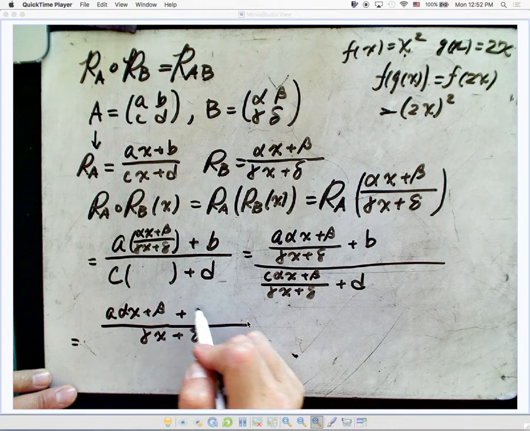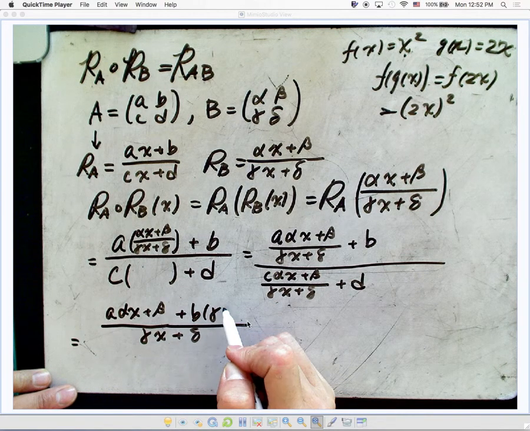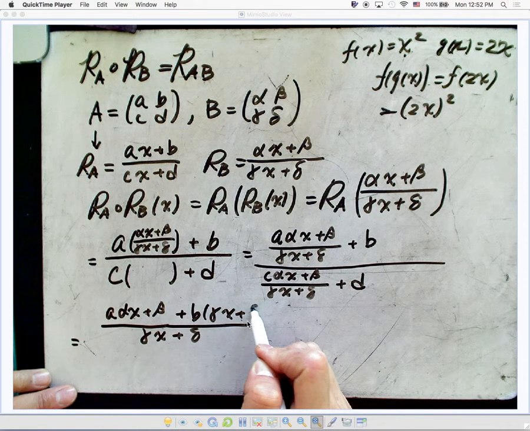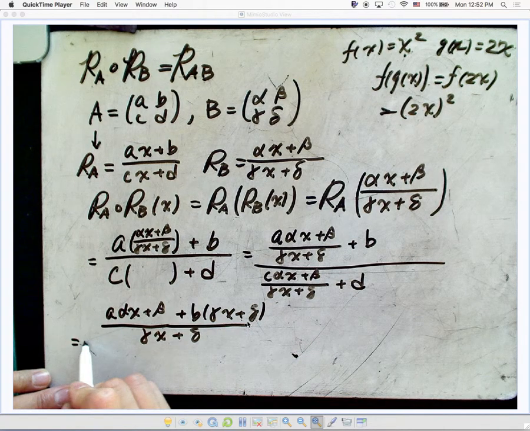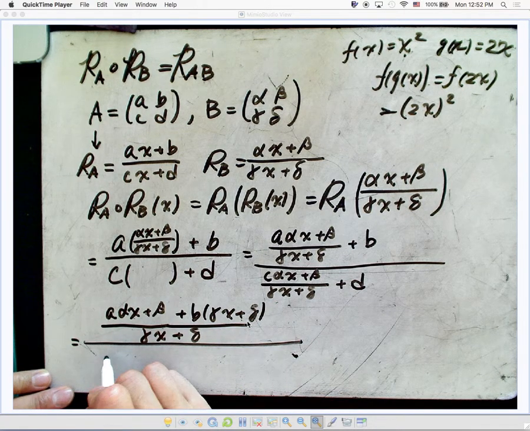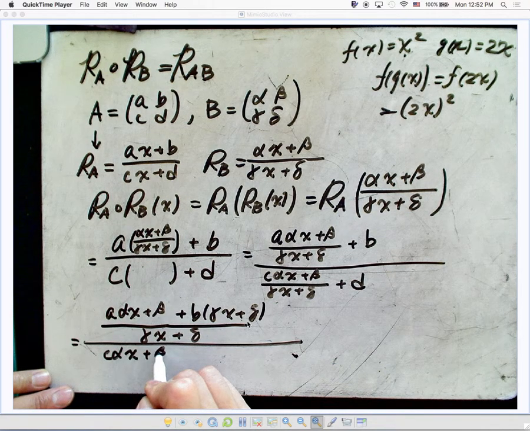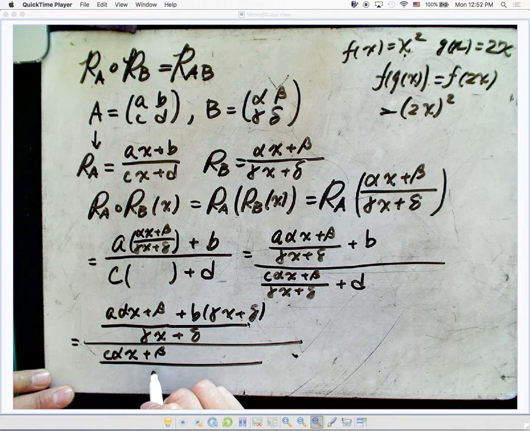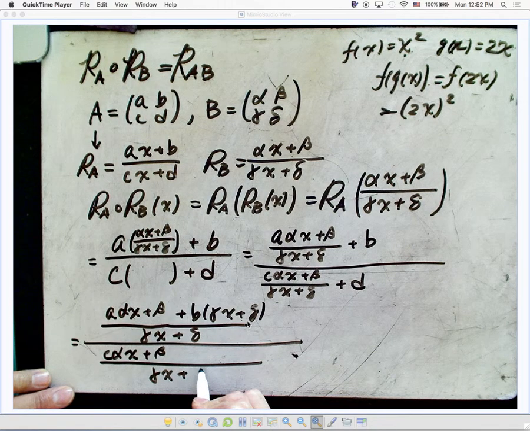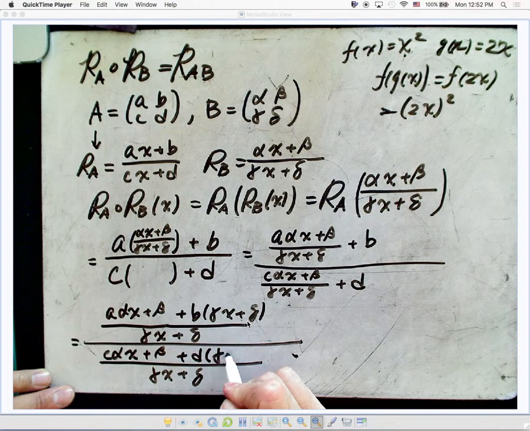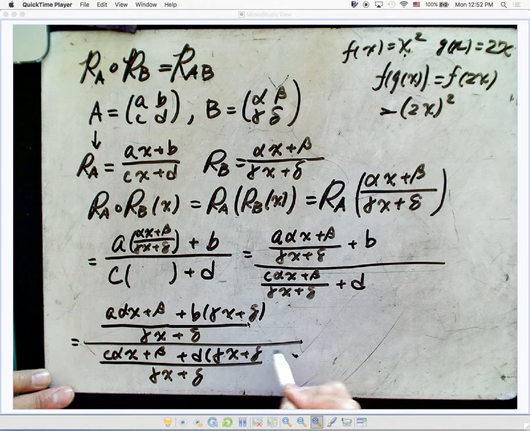So we'll have b times the same guy, gamma x plus delta, all over the same thing, and the denominator, c times alpha x plus beta plus d times gamma x plus delta, all over gamma x plus delta.